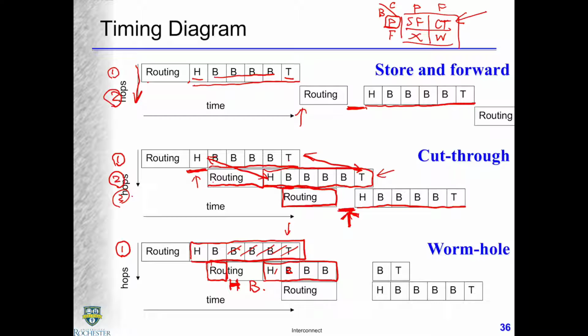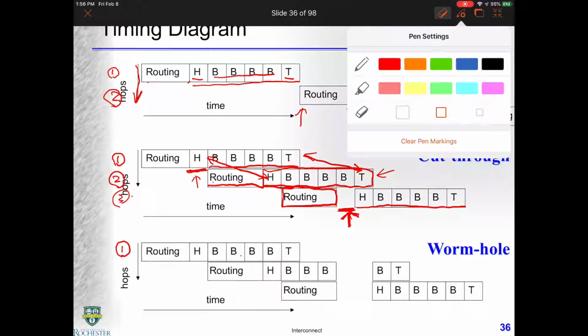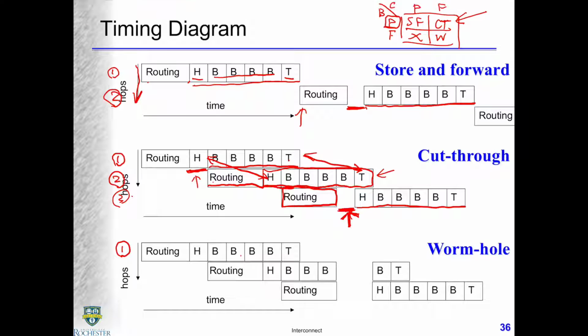But then what if, in this case, at node 3, I got the header, all right. Let me perhaps clean this up a little bit. So at node 3, the header arrives, and I start to do routing.